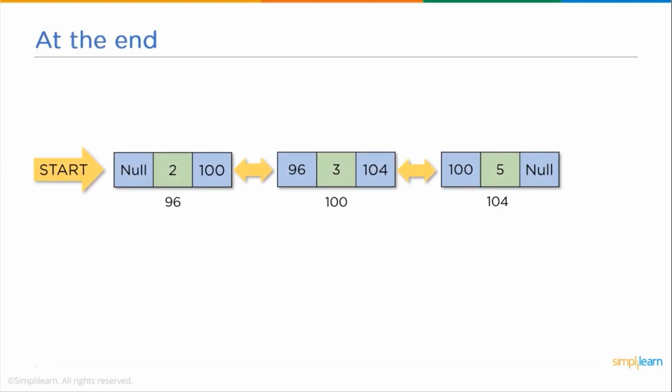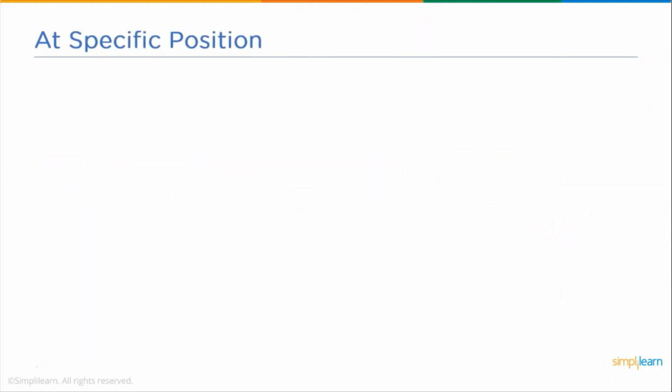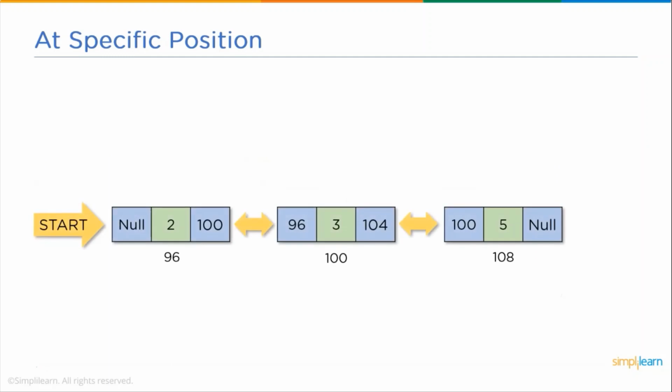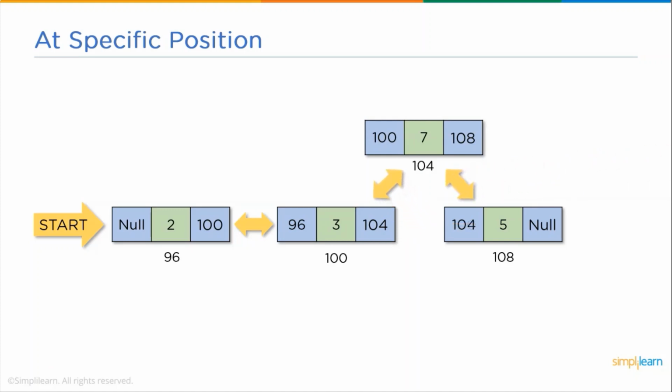We have to give the new node's address to the last node's next pointer and change the new node's previous pointer to the last node. Next up, insertion at a specific position. We will change the previous node's next pointer to the new node and the new node's previous pointer to the previous node, and the next pointer to the next node and vice versa.